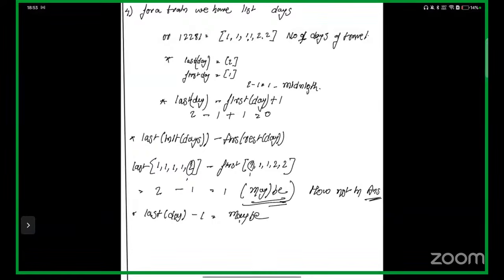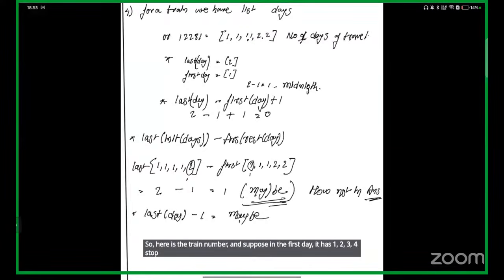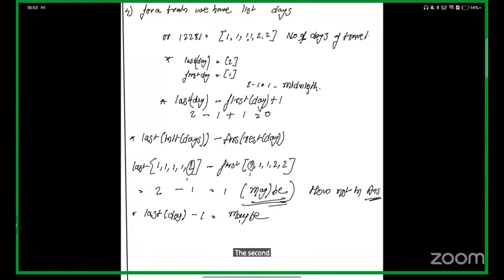So here is the train number, and suppose in the first day it has one, two, three, four stoppages. In the second day it reaches its destination, but with two stoppages. So ideally between one and two, the person should be having his sweet. Correct. So in that case, it is one.